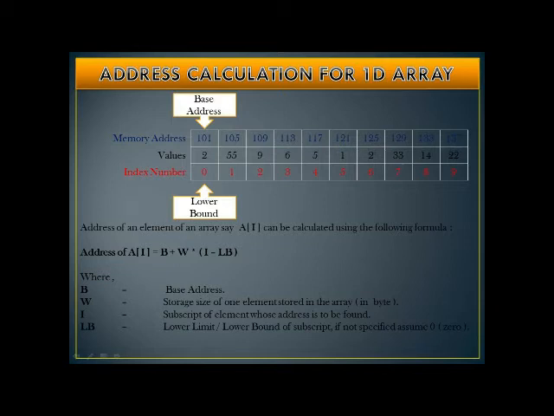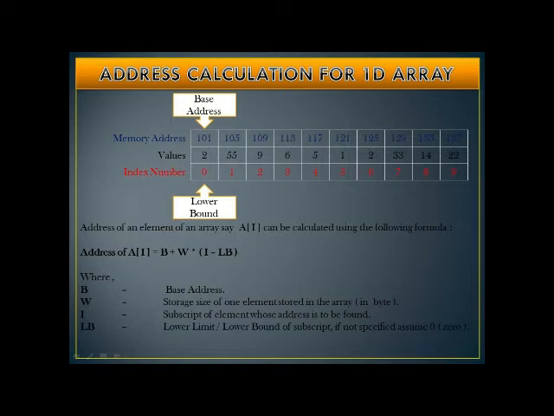Suppose this array is of integer type in Java. In Java, an integer type variable takes 4 bytes. The base address of A of 0 is 101, so the address of A of 1 will be 105 because it contains 4 bytes.